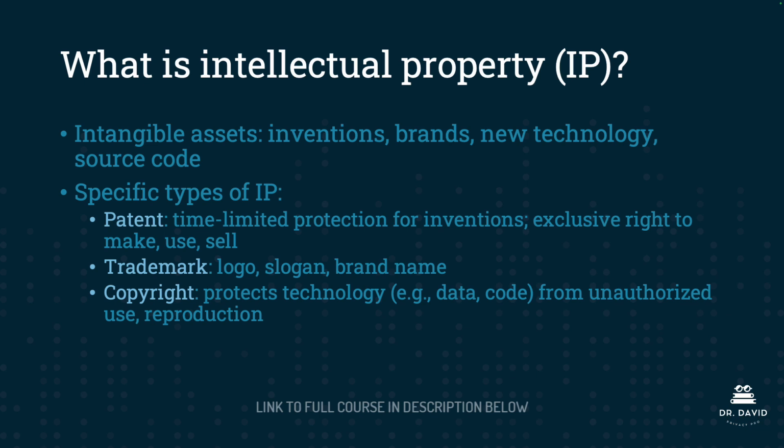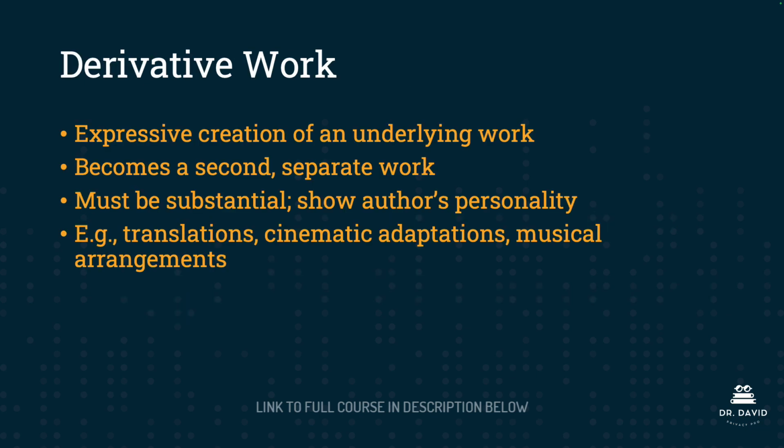When it comes to understanding the intersection between artificial intelligence and intellectual property, there are a few terms that we need to understand, as you'll see when we get to some use cases later on. One of those terms is derivative work. A derivative work is an expressive creation of an underlying work.